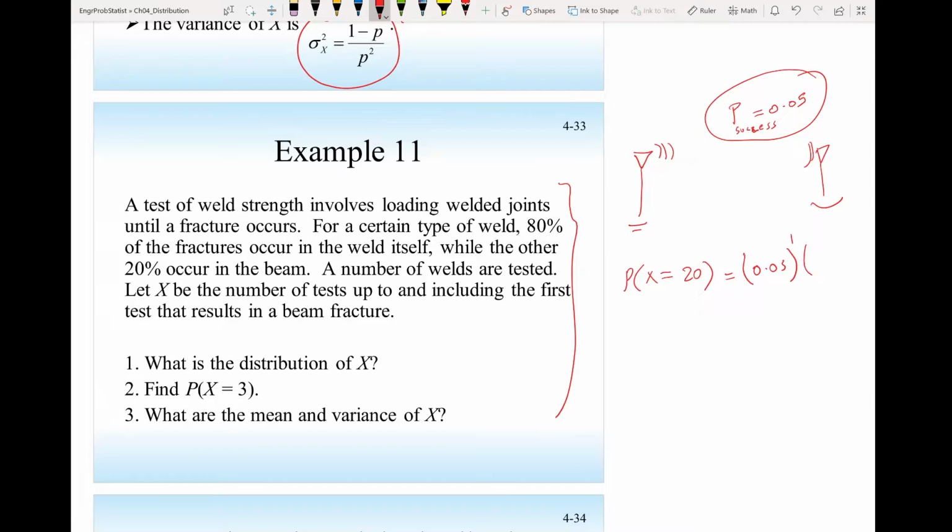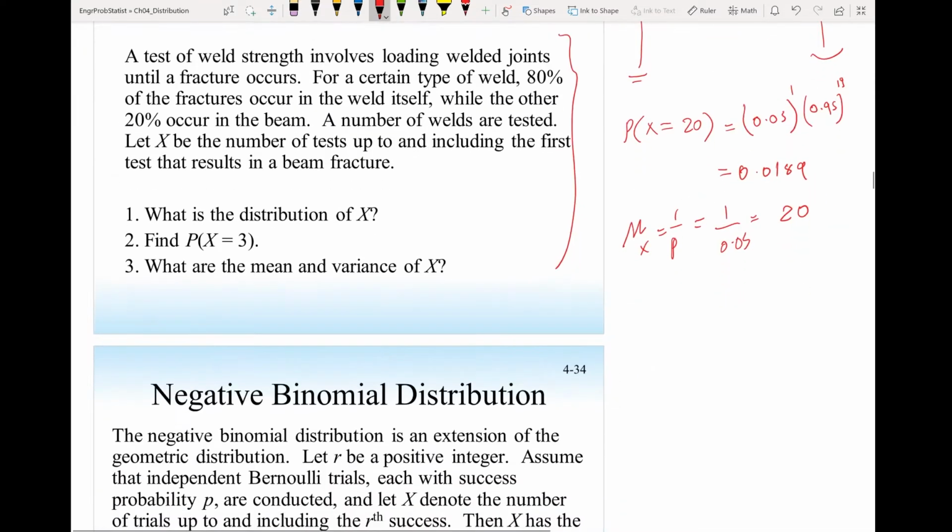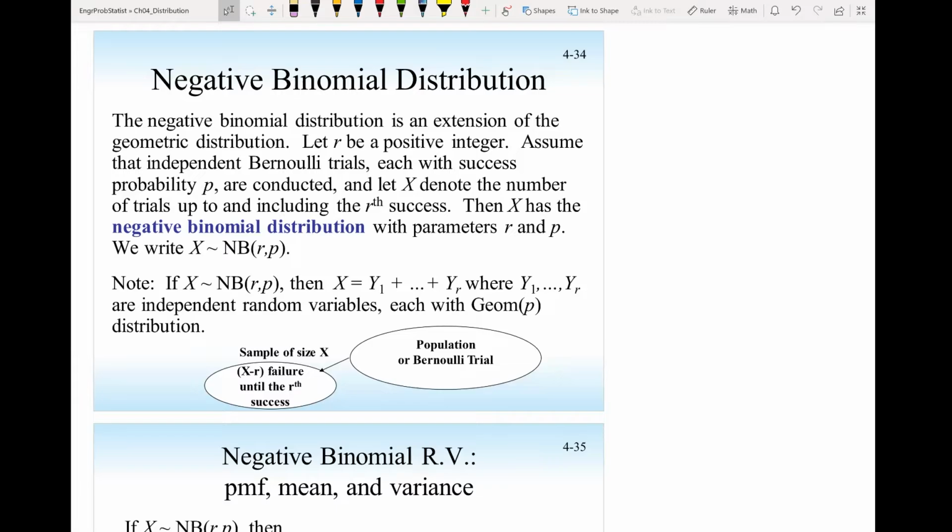And I have 19 failures, so that's 0.95 to the 20 minus 1, which is 19. And if I do this, 0.0189. And the mean of x is just 1 over p. So that is 1 over 0.05, so this is 20.